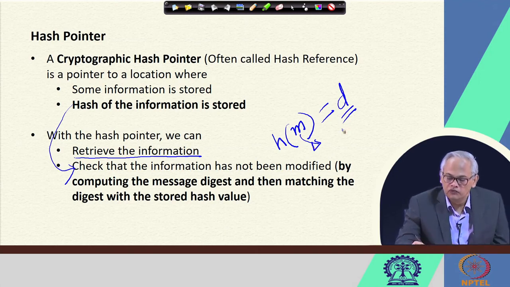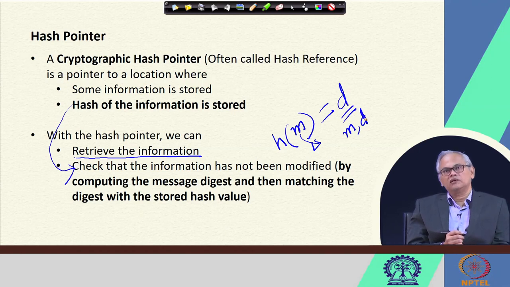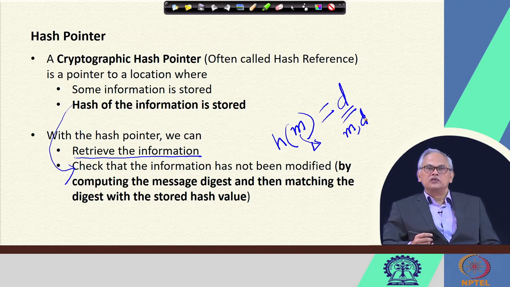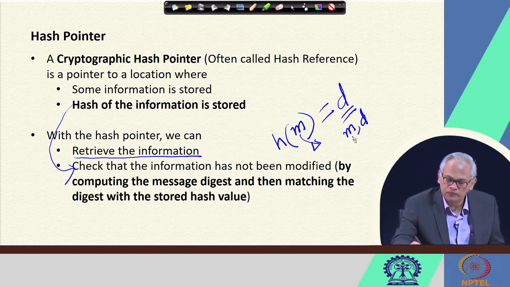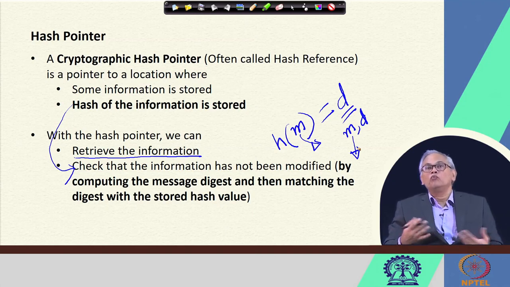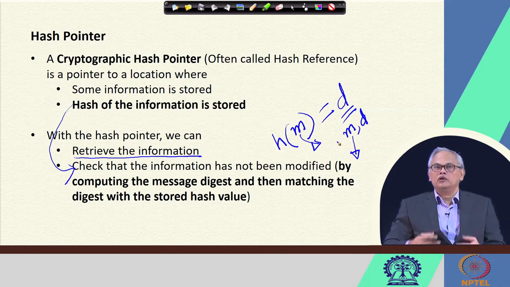Now, if we have kept the value m, along with that also we had the digest d stored in that location, then what is the advantage? If I go and try to fetch the information that was stored, I will get m. Okay. But how do I know that it has not been modified in between? I can do so by applying the same hash function on this value that I am able to retrieve by going to that particular location using the pointer.